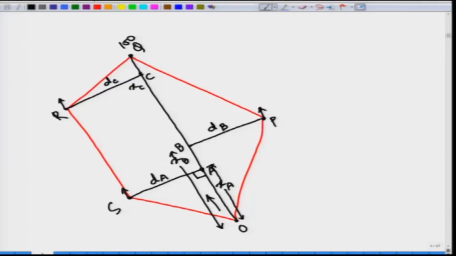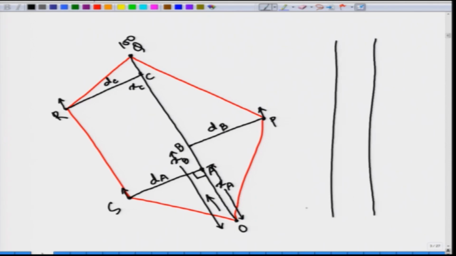Now, in this case you will make a table, and in this table you say that you began with this point O, which was at 0 meters, and then there was a point A which was, say, at 20 meters, then there was a point B which was, say, at 50 meters, you had a point C which was, say, at 70 meters, and you had this point Q which was at 100 meters.